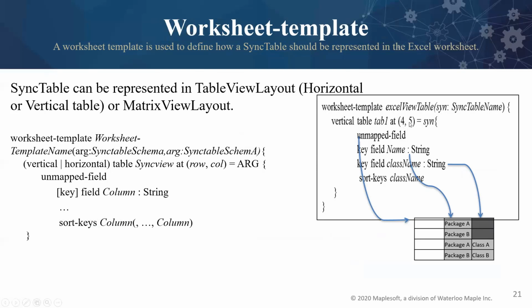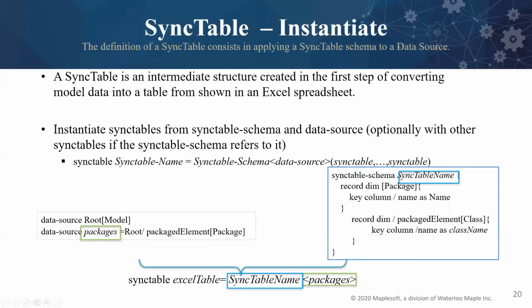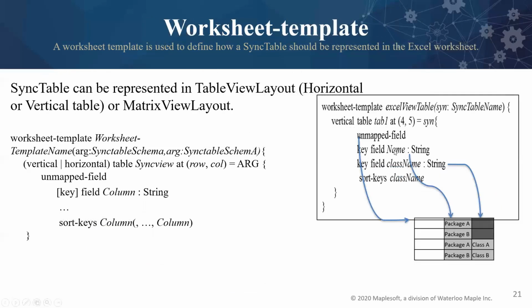So this is the row and the column from which the table has to start, and then the values of what information I want to display. So this will be consistent with the sync table schema here. Here we have queried the name and the class name, and that's what we see here. Each of these fields means that there will be one piece of information displayed in one column.